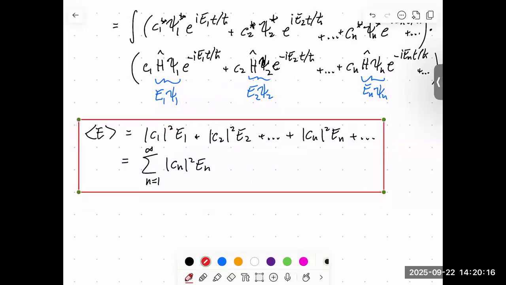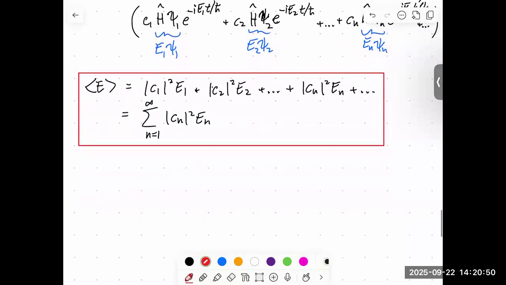So another way to interpret these Cn coefficients is that they're telling us the probability that a measurement of the energy will find our system in a particular state. So the probability that a measurement of the energy will yield E2 is the absolute square of C2. And same thing, the probability that we find our system in state n is the absolute square of Cn.